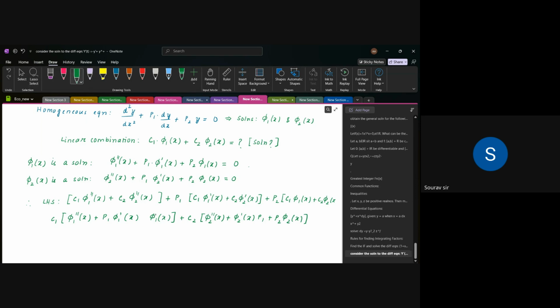So what will happen to this? This part is also 0, right? From equation 1. And this part is also 0 from equation 2.